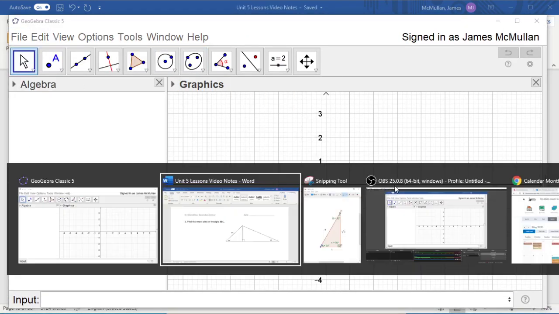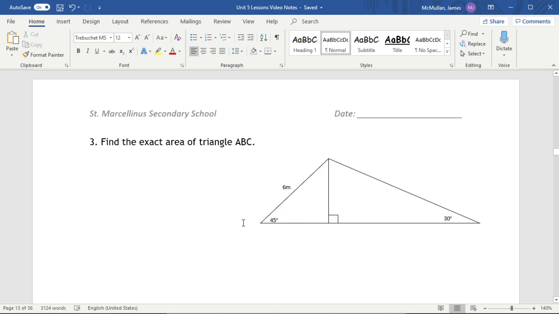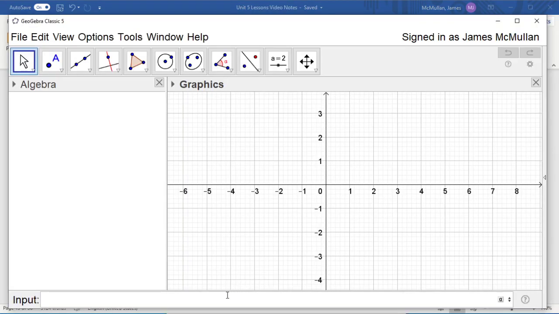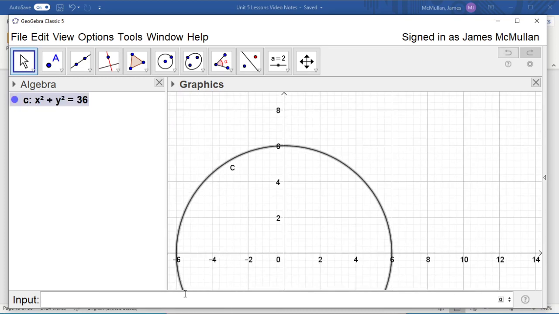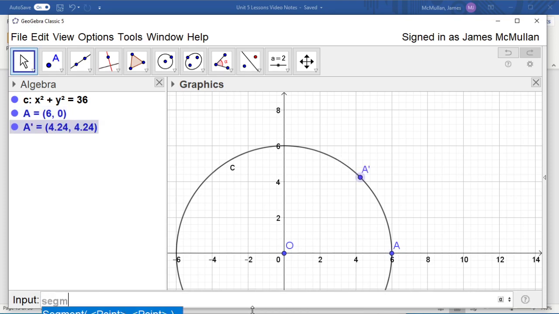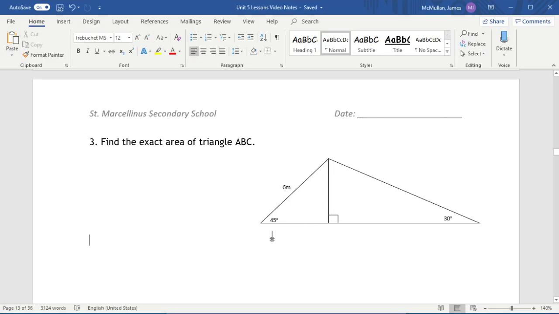So first thing I need is a 45 degree angle and a length of 6. So what I'm going to do there is make a circle centered at O with length 6. And then I'm going to have a point O, and then a point at 6, 0. I'm going to rotate the point A 45 degrees, and then I'm going to make a segment from O to A prime. And there is what we know about the triangle.